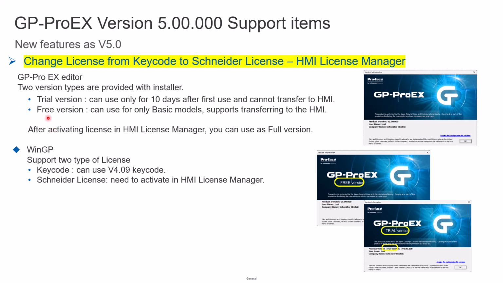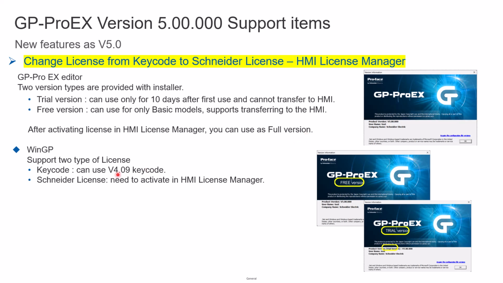The next one is there will be a free version, and with the free version, of course, you can download and everything, but that can only be used with basic model HMIs, and we will show you what that looks like in a couple of slides. Okay, and then after you activate the license in the HMI license manager, you are basically put into the full licensed version.